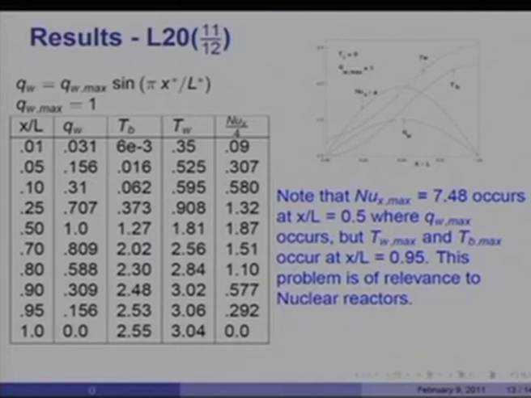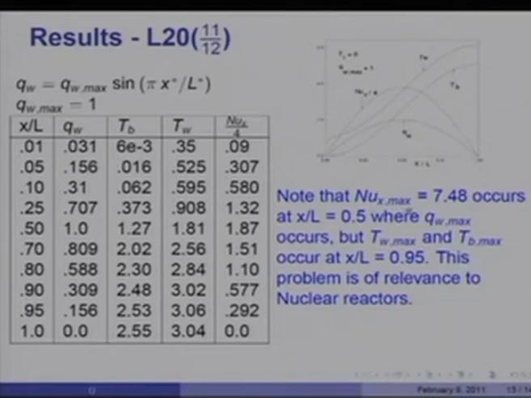This is the wall temperature variation, and therefore, Nusselt number divided by 4 for convenience to get the proper scaling here. You will see Nusselt number peaks at x by L equal to 0.5 at 1.87, as you can see, but then decreases down to 0.